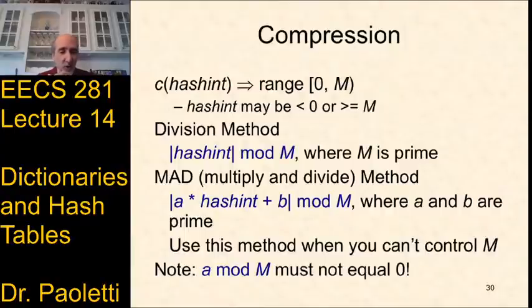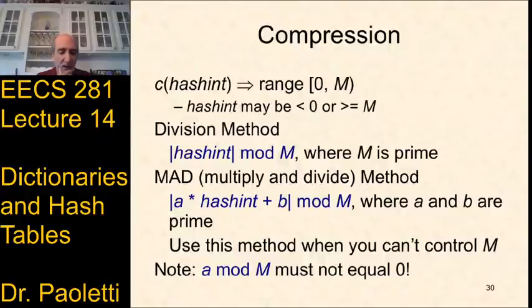What if I can't control m? What if my hash table grows kind of like a vector does? It grows by doubling. If it grows by doubling, even if I start out at a prime, it's not going to stay there for very long. First time I grow the hash table, I've got 2 times a prime, and then I'll have 4 times a prime and 8 times a prime, and my primes are gone.